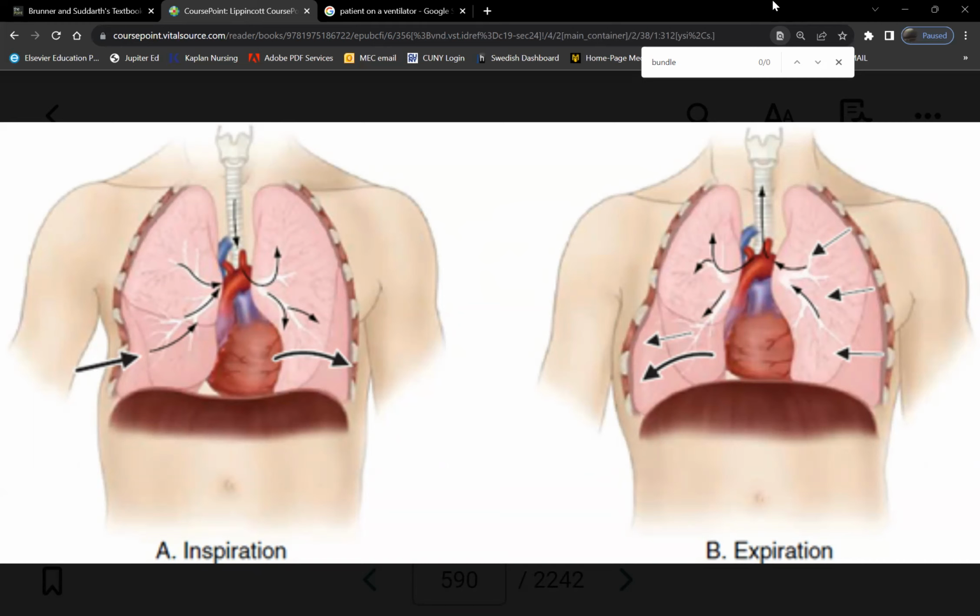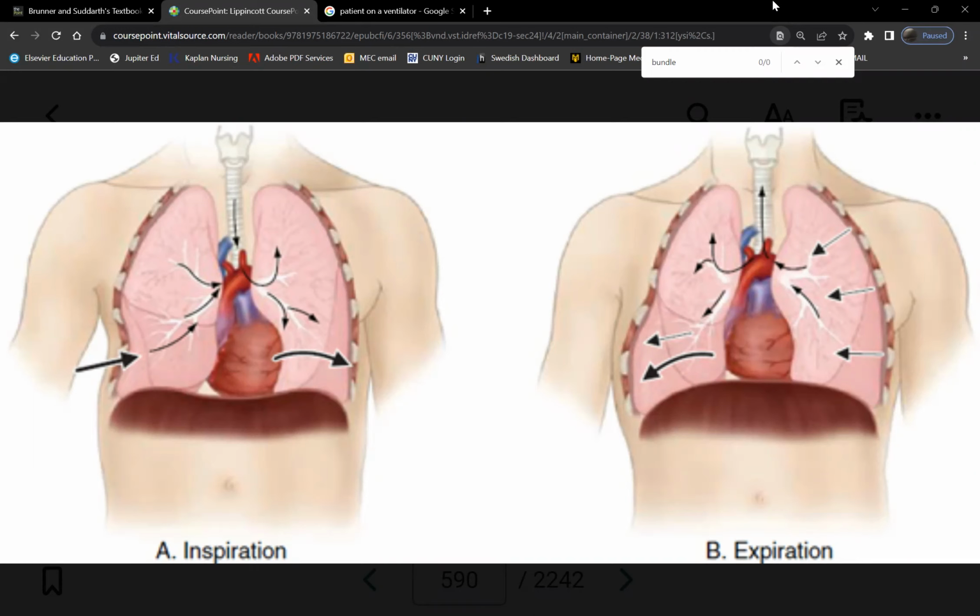The patient will go into what type of shock? Obstructive shock. Remember, cardiogenic is a coronary vessel problem. This is not a coronary vessel. This is a large vessel problem. So this will be obstructive shock, because you're compressing the large vessels.